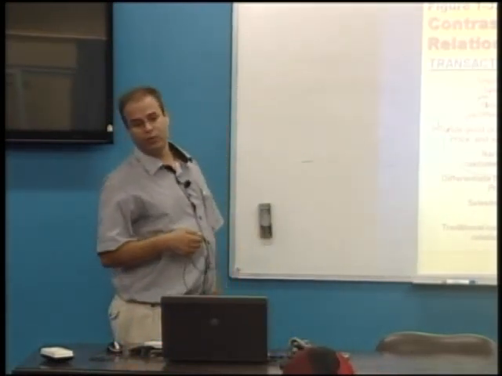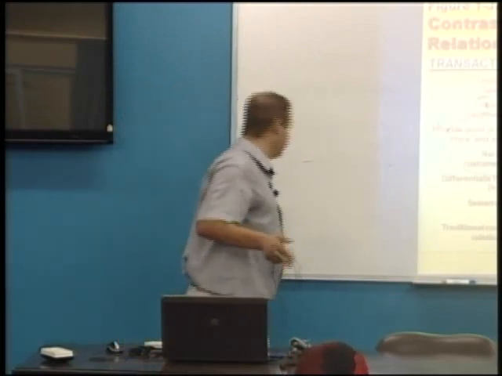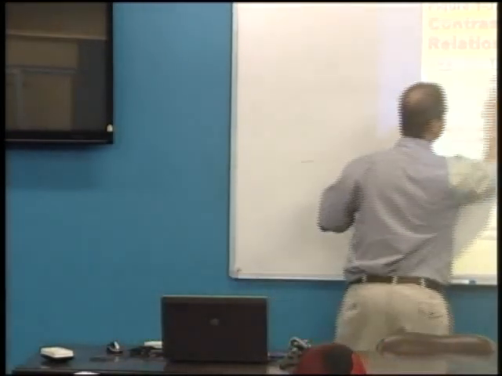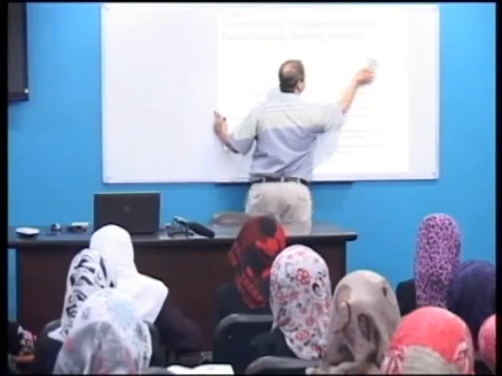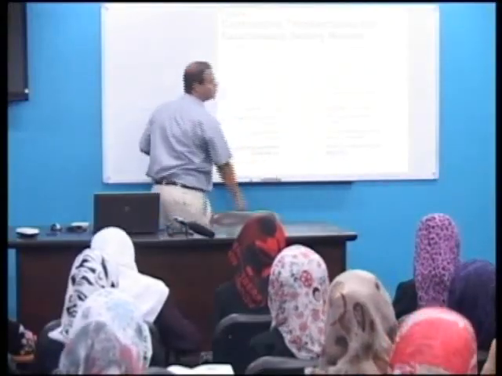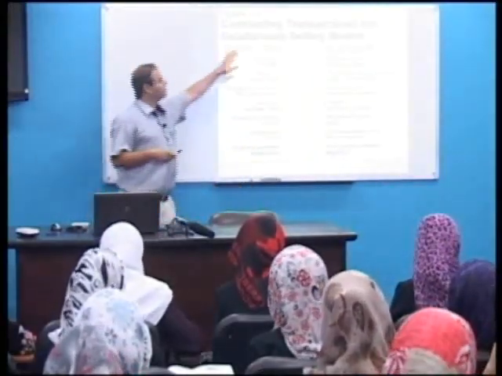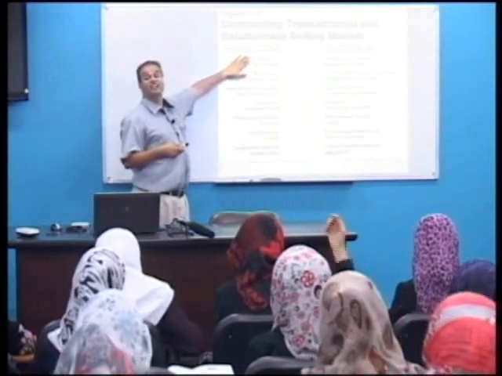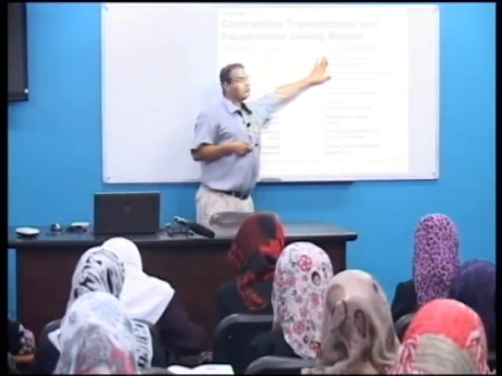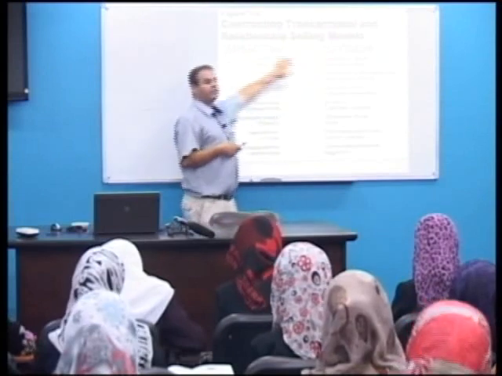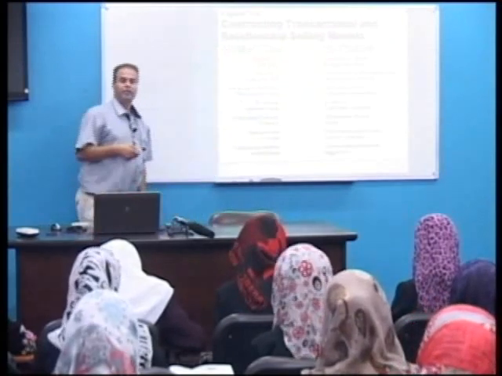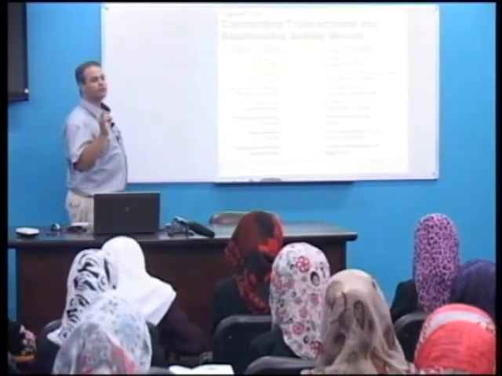The 2 models of selling or sales, one of them is called transactional. The second is called relationship. Well, let's talk about it. This is the transactional, in Arabic, التقليدي. The traditional or the transactional, let's see, it focuses on what?